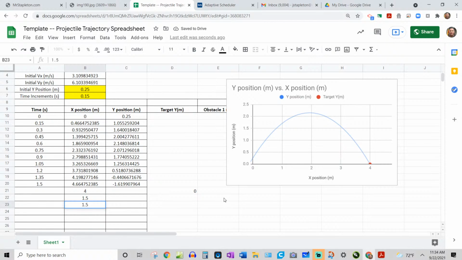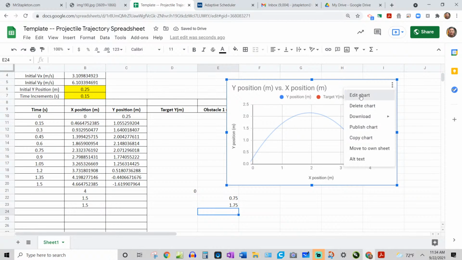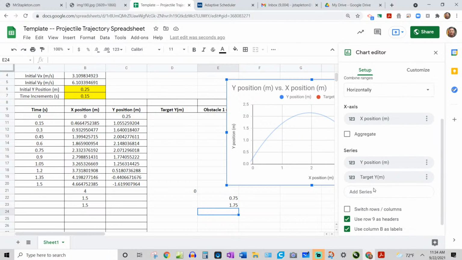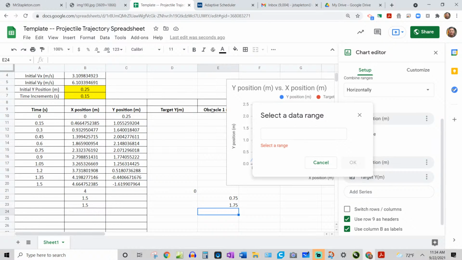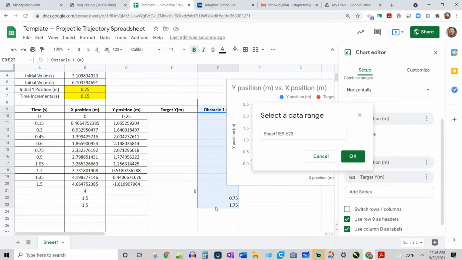And I just want to make a dot that's 0.75 from the floor and 1.75. Then I have to go through that same process: edit chart, add a series, select it this way, move this out of the way, and drag from the word obstacle all the way down.